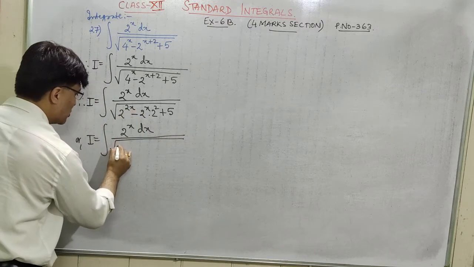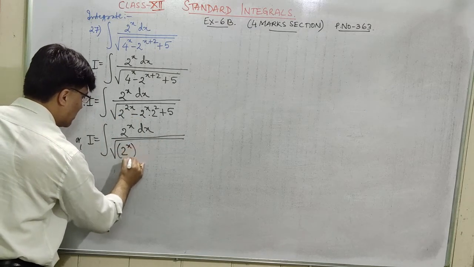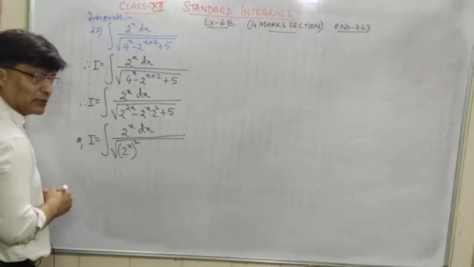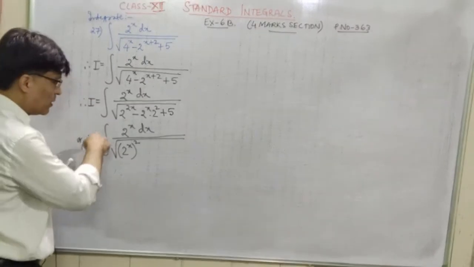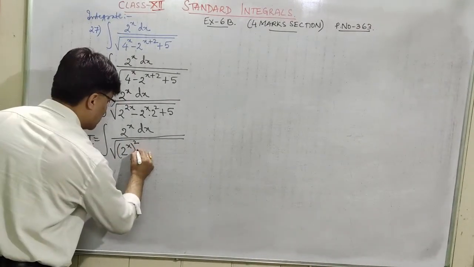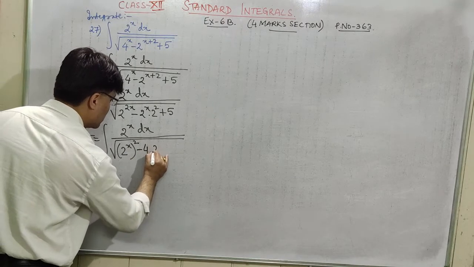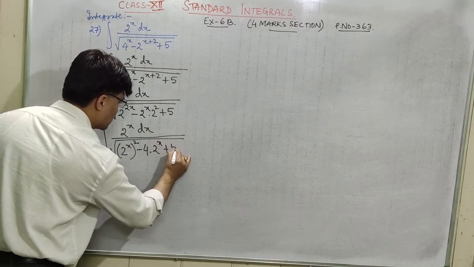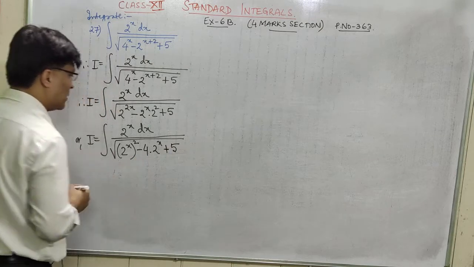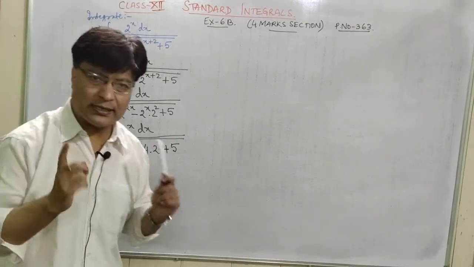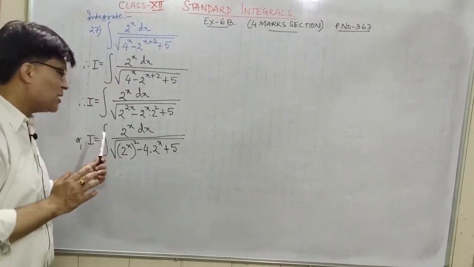You can write it within whole square. That is 2 to the power x whole square. Isn't it? 2 to the power 2x means 2 to the power x whole square. Minus 2 square is 4 into 2 to the power x, then plus 5. Is that clear to all of you?